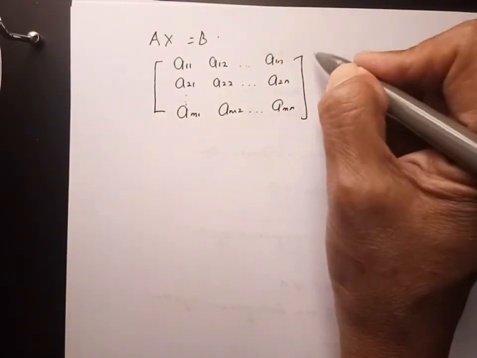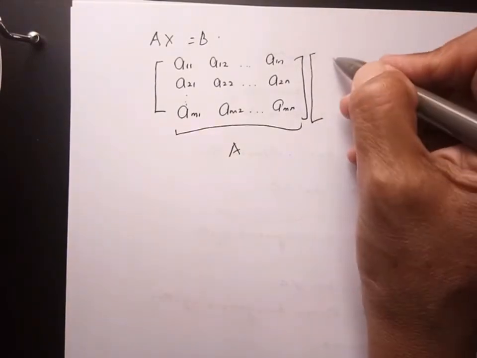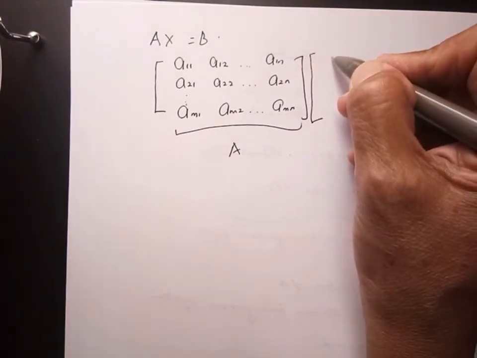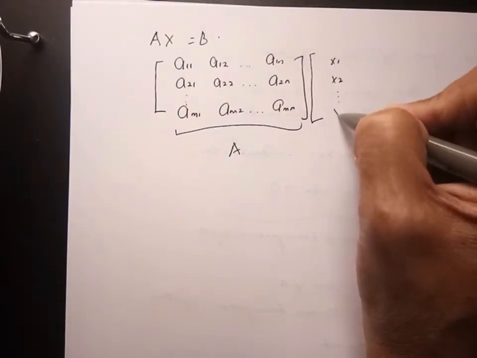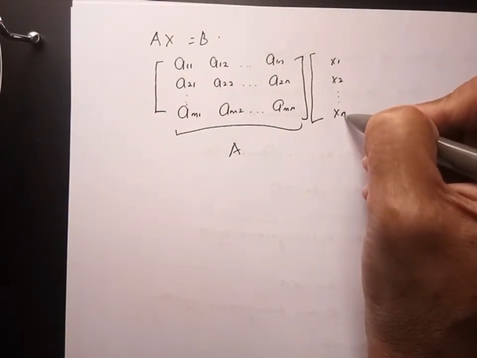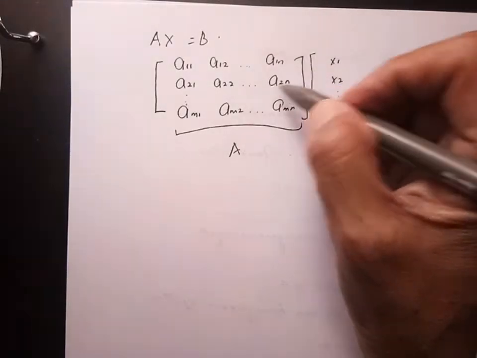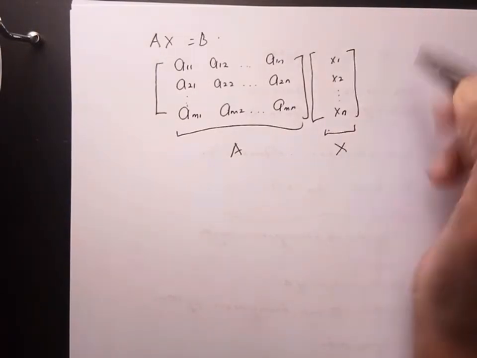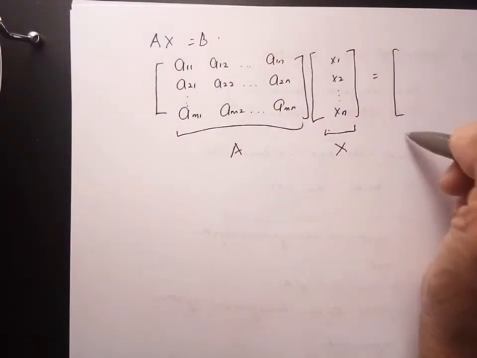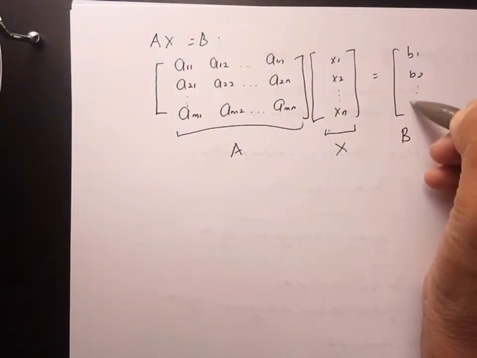And the variable matrix is given by x1, x2 until xn. This is the matrix representation for variable x, and the right side value, which is b, is given by b1, b2 until bm.